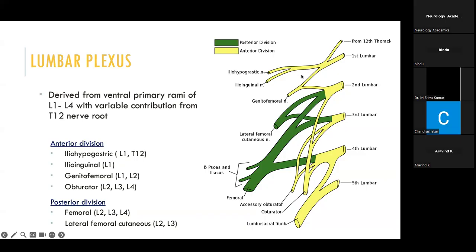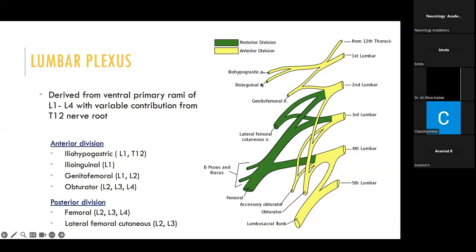After the fusion, they divide into anterior and posterior divisions, ventral or dorsal divisions. From the anterior division, we can see this yellow colored iliohypogastric nerve, ilioinguinal nerve, genitofemoral nerve, and obturator nerve. These are derived from the anterior divisions. And the nerves in green color, the femoral and lateral femoral cutaneous nerves, are from the posterior division. I can see the root values here.